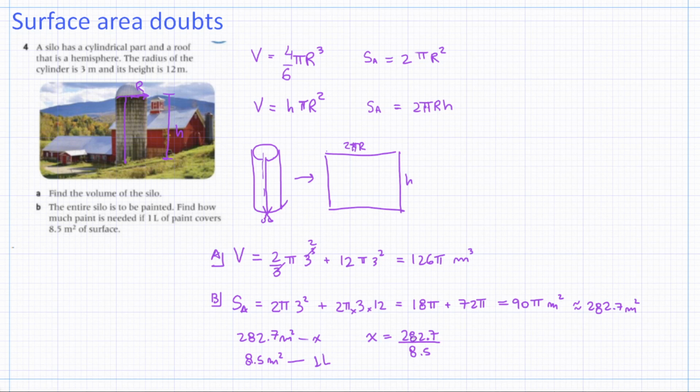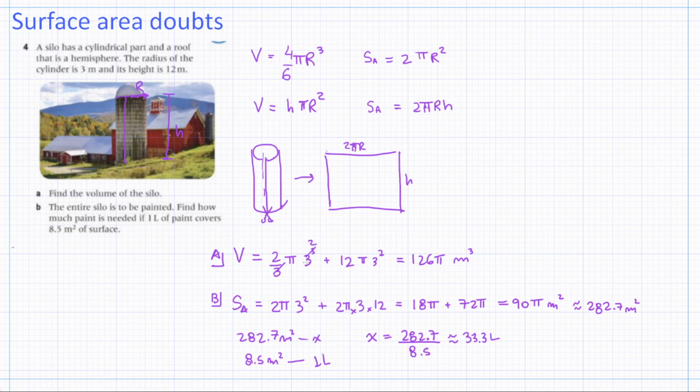If you work that out, you should find this to be approximately 33.3. It's not recurring, it's actually 33.2639, but I've rounded to 3 significant figures here. So 33.3 liters, right?